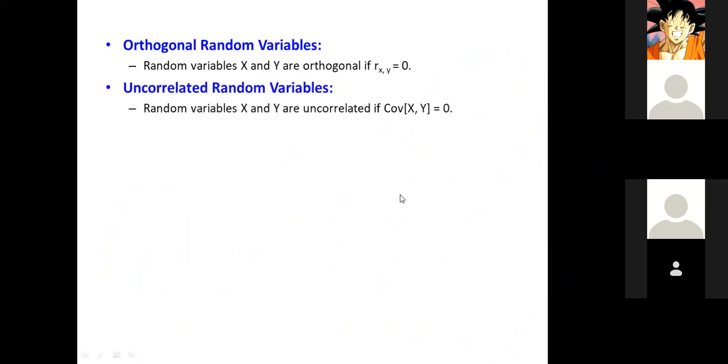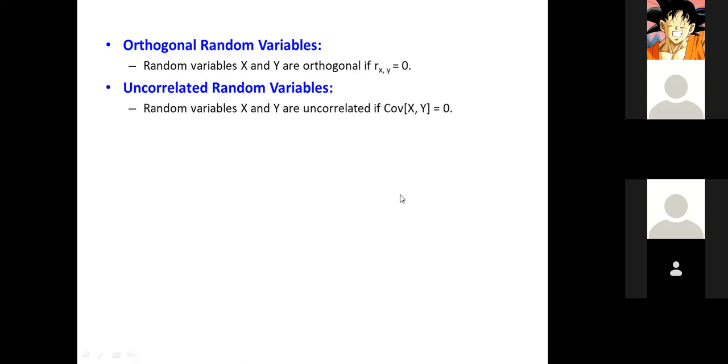Two very important things: one is the orthogonal random variable, another is the uncorrelated random variable. Remember, it seems that if the correlation value equals 0 they are uncorrelated, but that is not true.